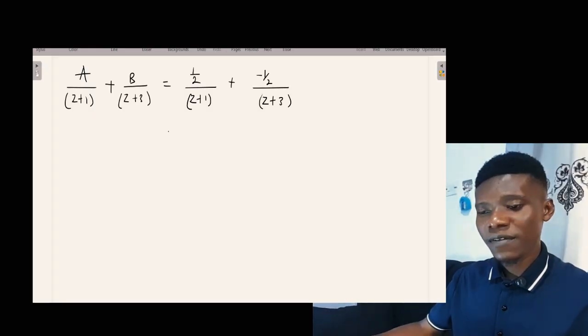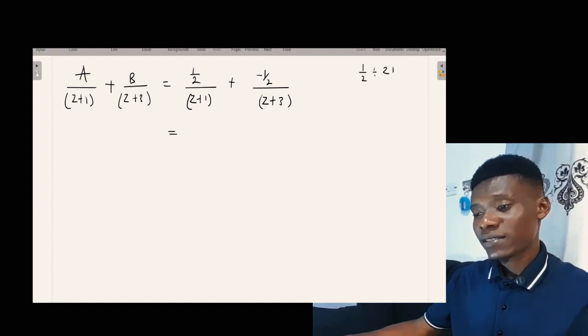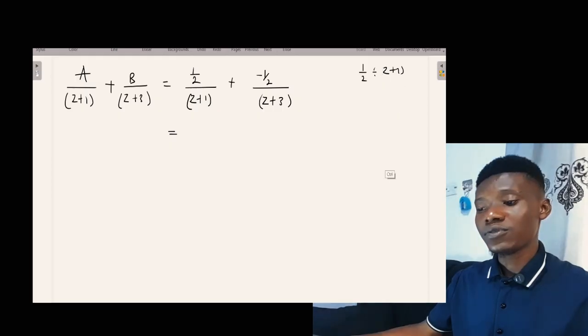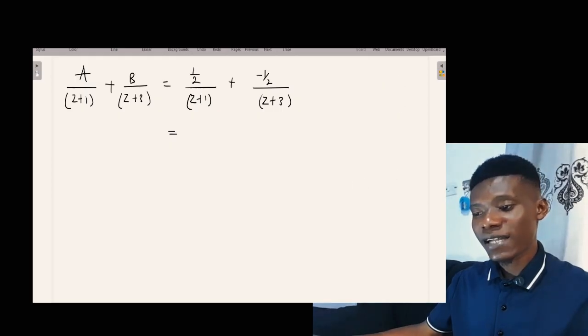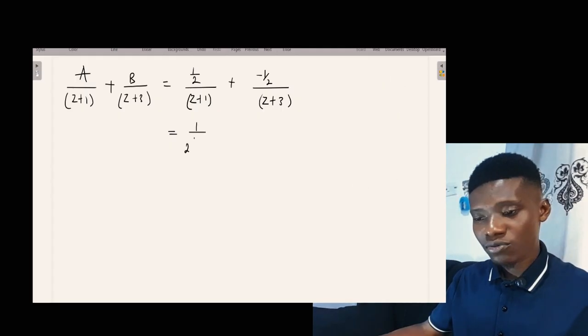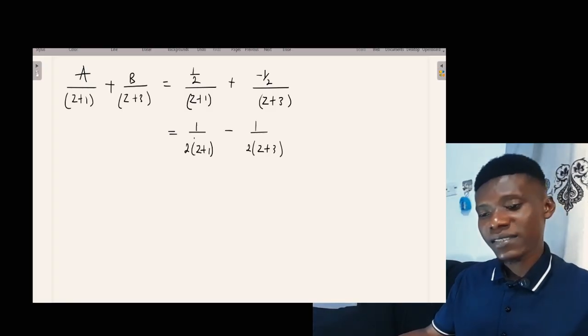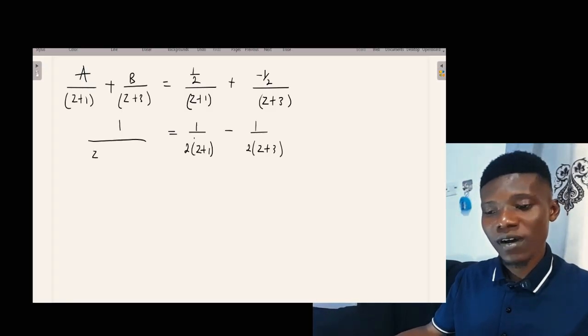Now when you simplify further, 1 over 2 divided by z plus 1 gives you 1 over 2 times 1 over z plus 1, and this gives you 1 over 2 into z plus 1. If you do the same thing for the other term, you get 1 over 2 into z plus 1 minus 1 over 2 into z plus 3. Now this is the same thing as 1 over z plus 1, z plus 3.